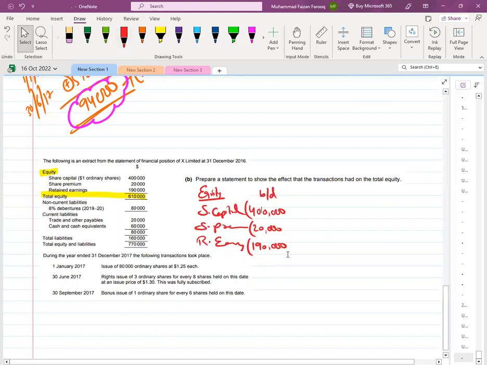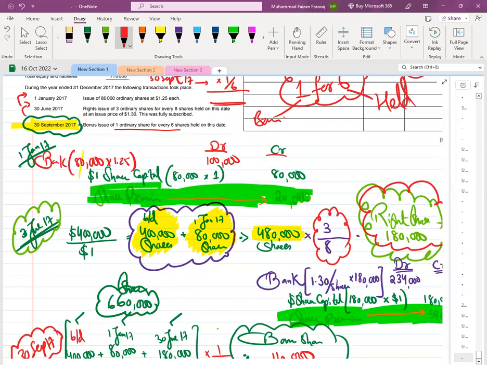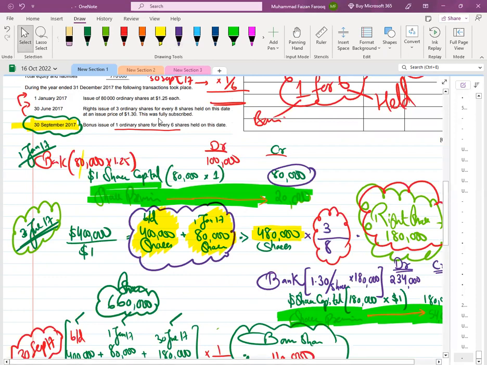Now, very carefully, entry number 1. What happens? Equity increases on credit, decreases on debit. You have share capital credited 80,000, which means share capital is increasing or decreasing?